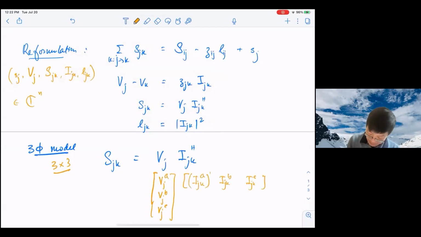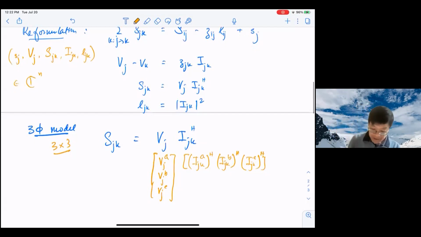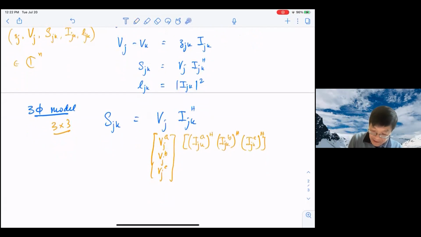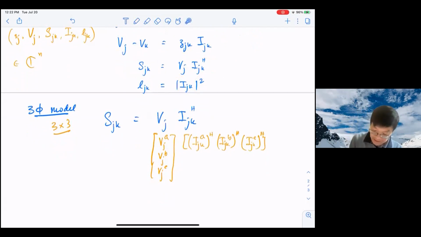So it's the outer product of the column vector Vj and the row vector Ijk complex conjugate. And it is a 3x3 matrix. It is a 3x3 positive semi-definite and rank 1 matrix. Okay, and that generalizes this into the three-phase setting.